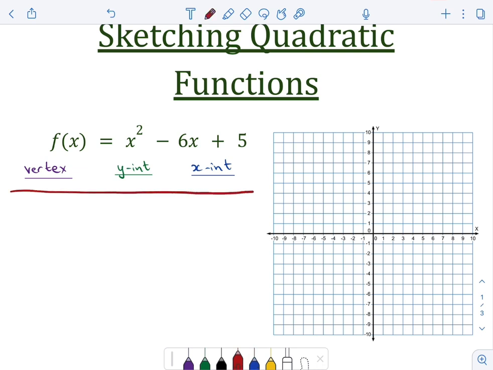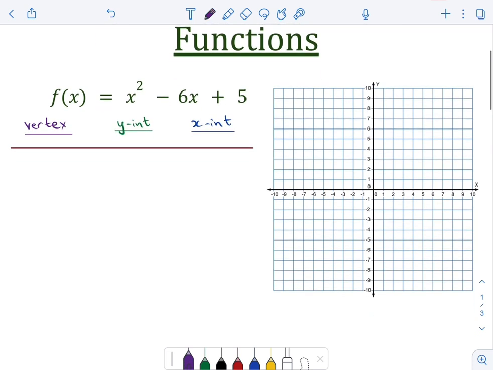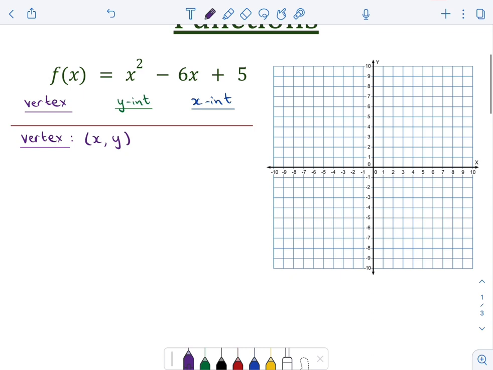So we will start focusing on the vertex, the turning point of the graph. In the vertex, we have 2 points. The vertex is represented by an x and a y value because it is a point on the graph. The formula in order to get the x value of the vertex is x is equal to minus b over 2a.